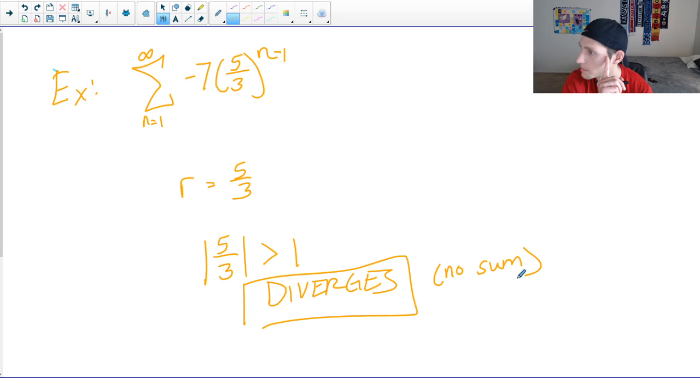This sum goes to positive infinity or negative infinity. So we only use the a1 over 1 minus r if we get to this point and see that it converges. But if there's a ratio larger than 1 in absolute value, then we just say diverges, and we stop there. We're done.